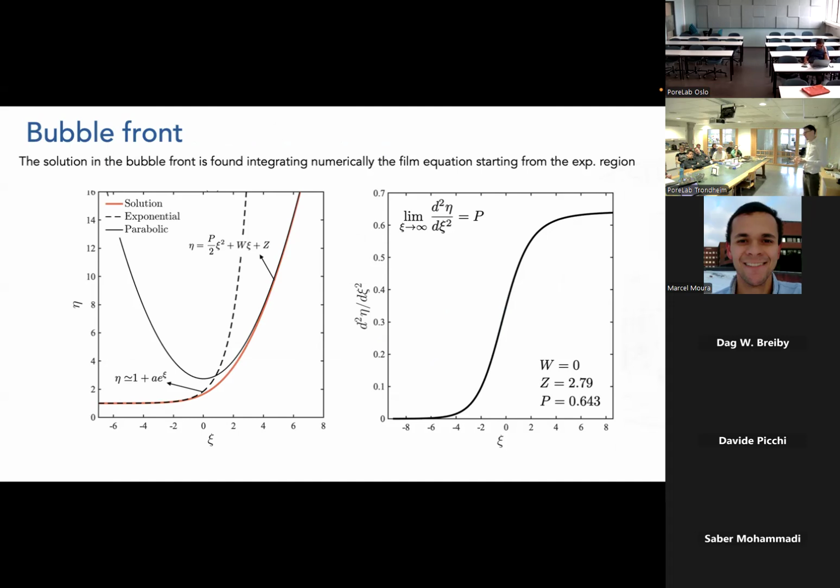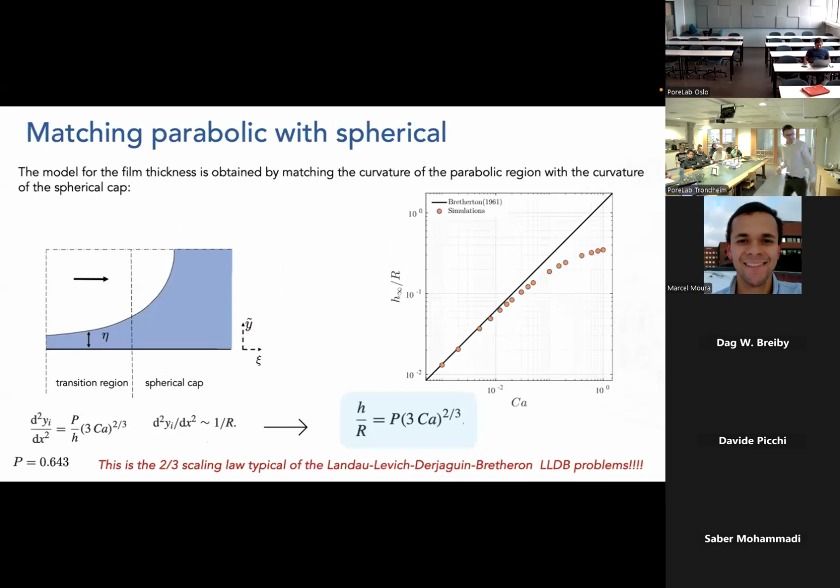And this is the key part of the Bretherton theory in order to match what's happening in the film region with the spherical cap. Since here we get that the solution is parabolic, we have a parabolic profile with a constant curvature. On the spherical cap, the cap is spherical, so the curvature is constant. You can just match the two.